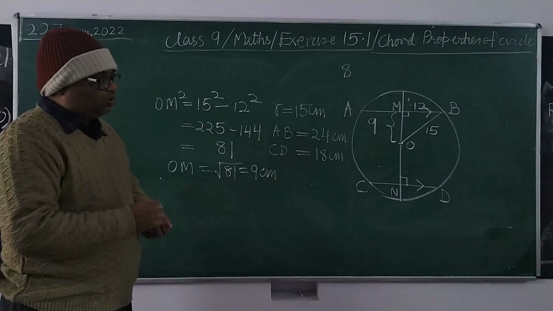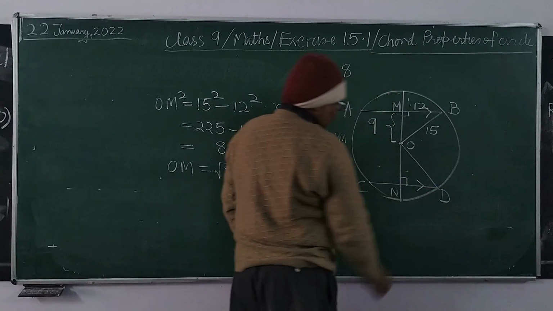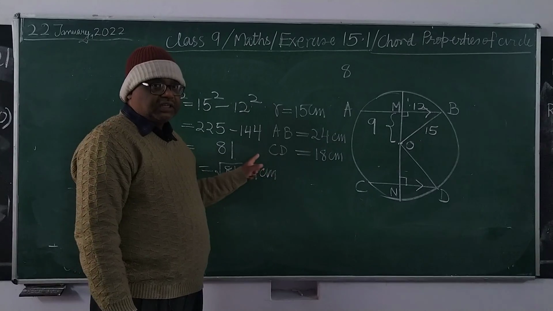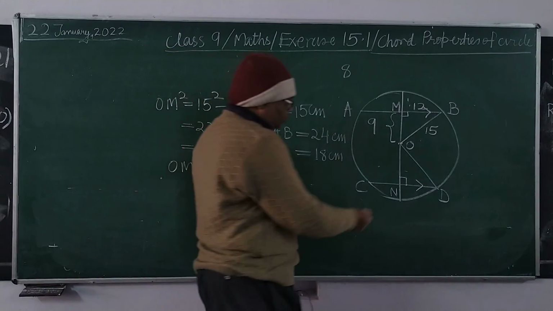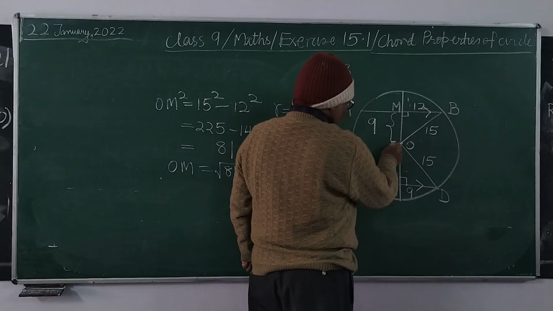Now you find out ON in the same way. You can see here, what will be DN? DN will be half of CD. DN equals half of CD, that is 9. This is 15. So what will be this?